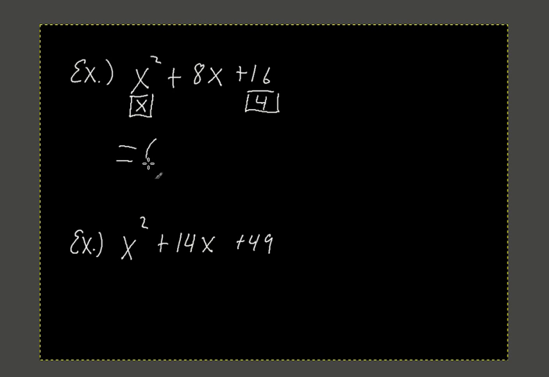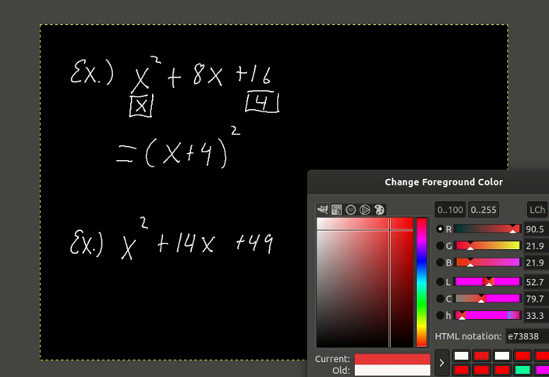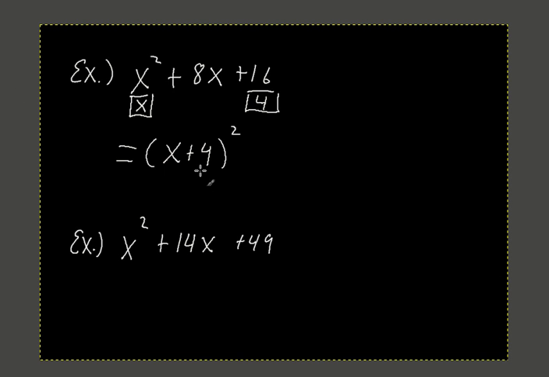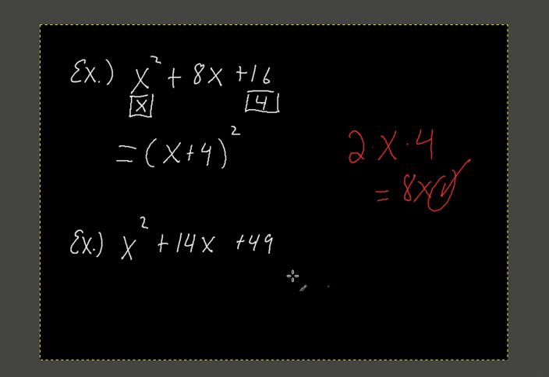So this is most likely (x + 4) quantity squared. Now I should check my cross terms to make sure that this in fact is what I think it is. So the cross terms would be 2 times x times 4. Well, what's that going to be? 8x. And that's exactly what I need it to be. So that's the answer.